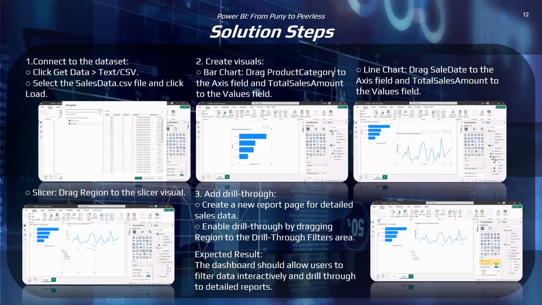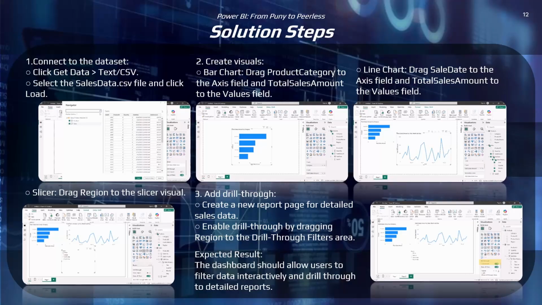Solution steps. First, connect to the dataset. Click Get Data, then Text/CSV, select the sales data.csv file and click Load. Then, create visuals. Bar chart: drag product category to the axis field and total sales amount to the values field. Line chart: drag sale date to the axis field and total sales amount to the values field.